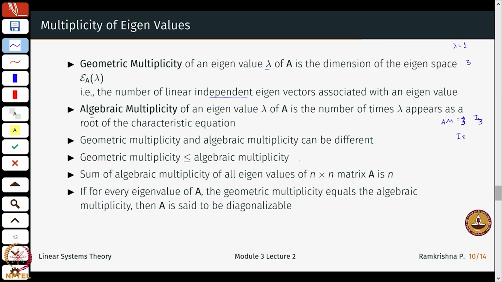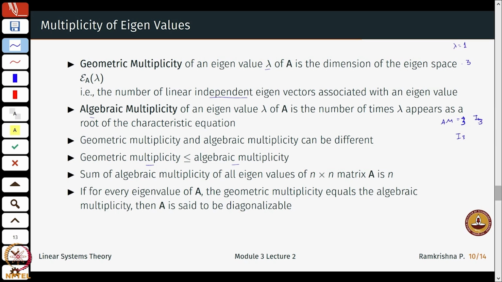So in general they can be different, but what can happen is the geometric multiplicity can be at most equal to the algebraic multiplicity, right? If this is 3, this can never be 4, it can at best be 3. And of course the sum of the algebraic multiplicities of all eigenvalues of an n cross n matrix is n.